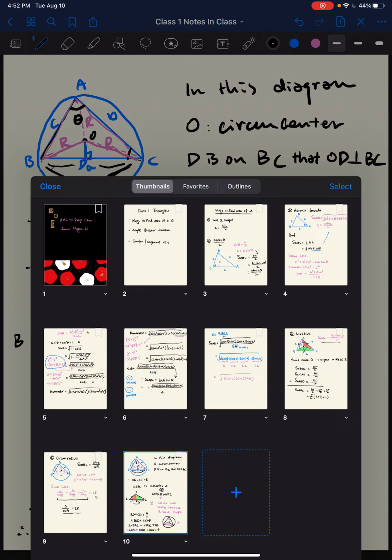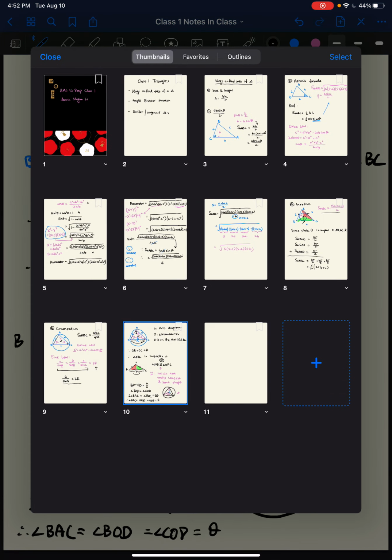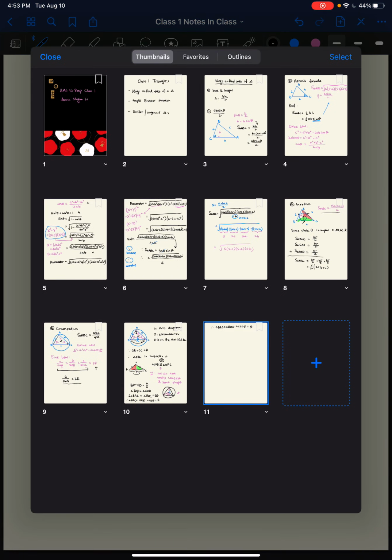Then, let me flip a new page. Okay, let me just copy the last sentence down. BAC equals angle BOD equals angle COD equals theta. And let me copy this diagram here.